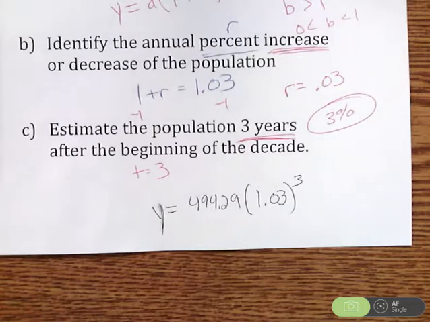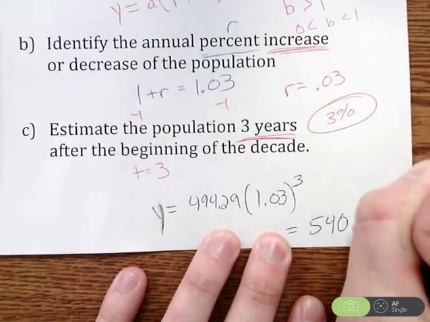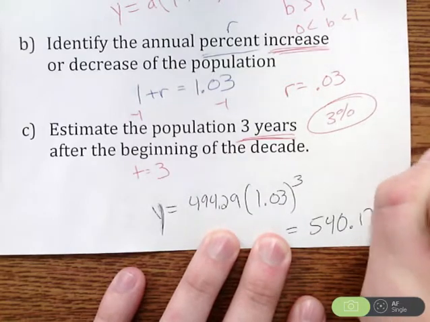So you want to plug it in just like you see it. So where I have parentheses, you should have parentheses. So we have 494.29 times 1.03 to the third. And when you plug that into a calculator, you're going to end up with 540.12.